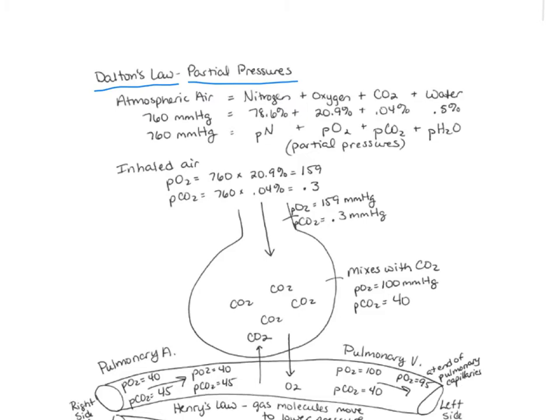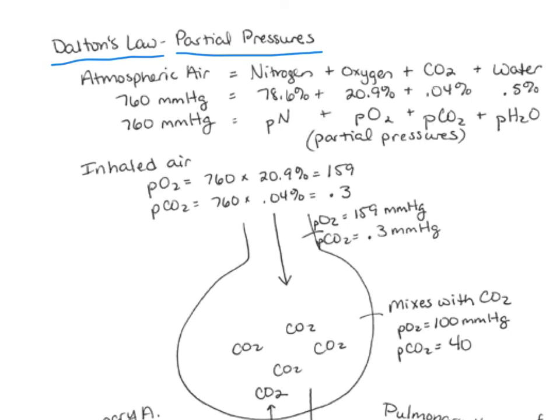So what Dalton's Law says is that, like we've been saying, the atmospheric air has a pressure of 760 millimeters of mercury. And the pressure in this air is made up from different types of gases. There's nitrogen, oxygen, carbon dioxide, and water vapor in the air, okay? And so of that 760 millimeters of mercury, 78.6% of it is nitrogen.